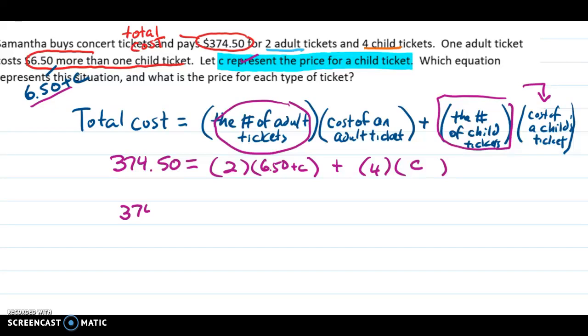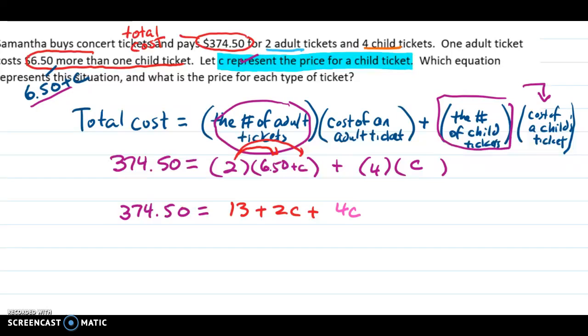So let's go ahead and solve this linear equation, which is in standard form. What we'll do first is distribute the number 2 through the parentheses. 2 times 6.50 is $13, and 2 times C is 2C. And then the next part, 4 times C, is nothing more than 4C.